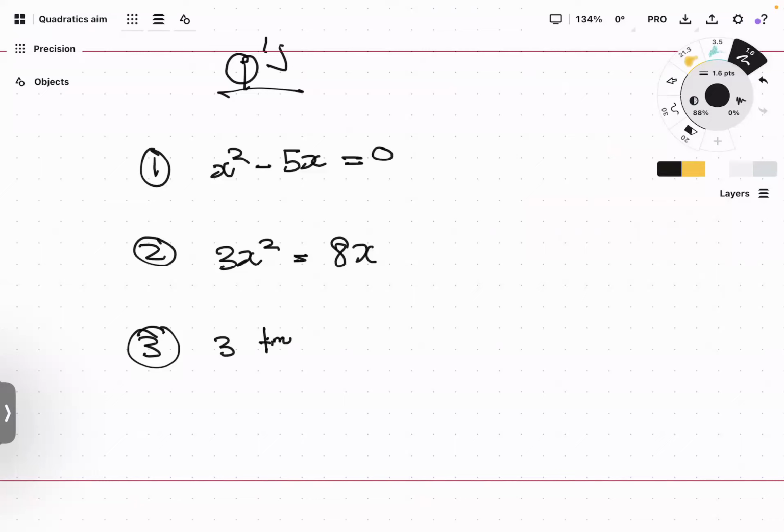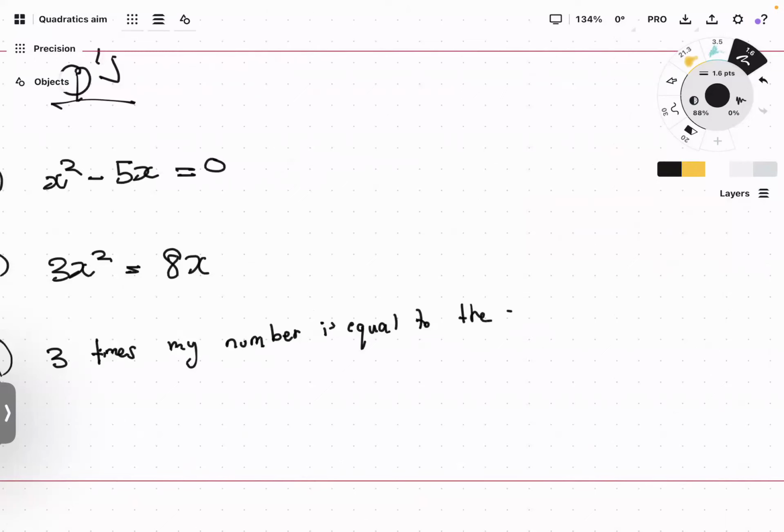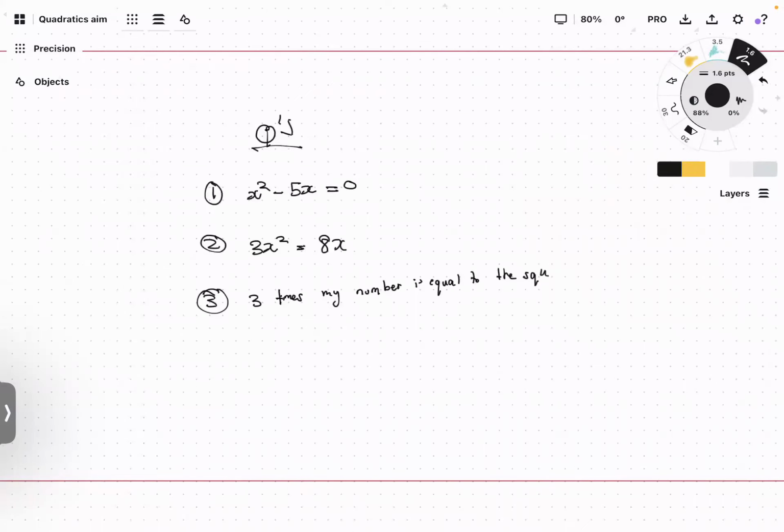Three times my number is equal to the square of my number divided by 5. What are the possible numbers?